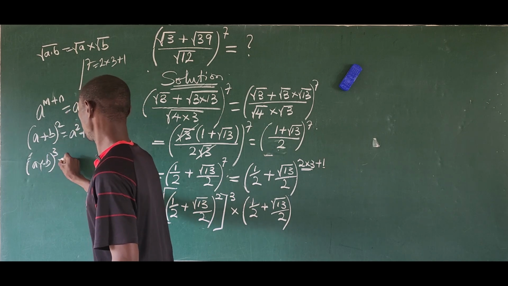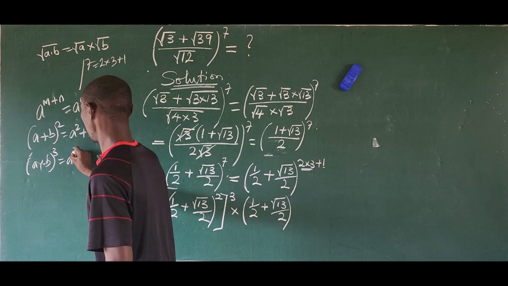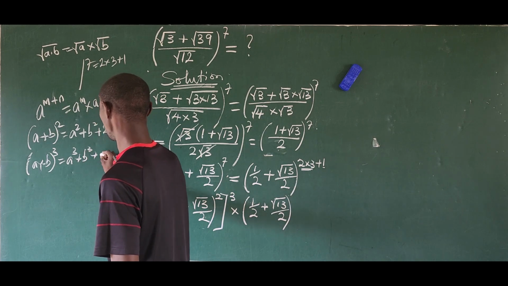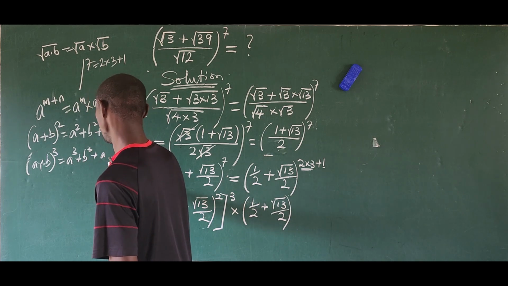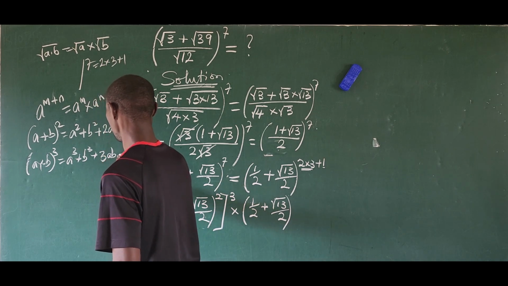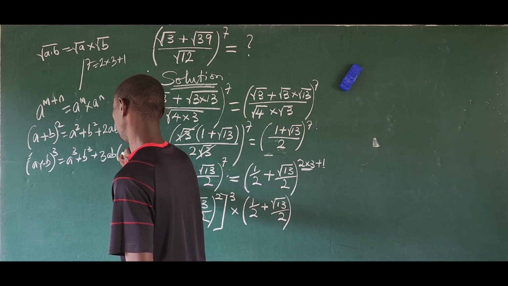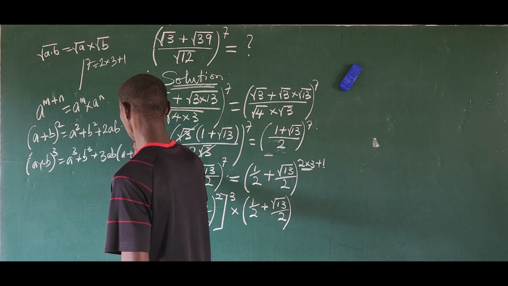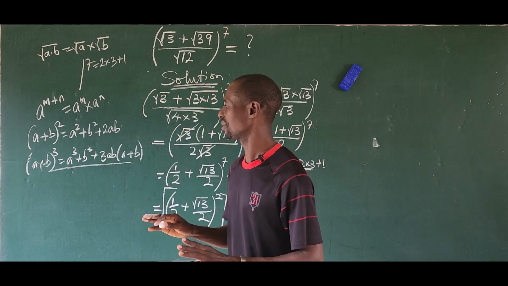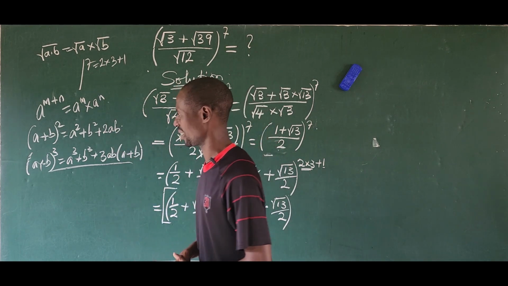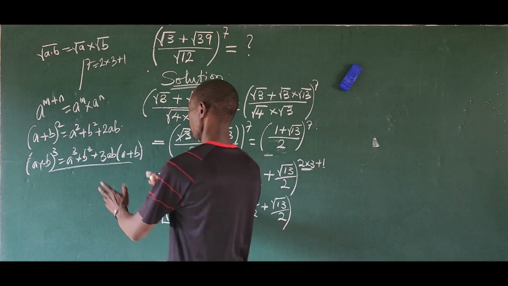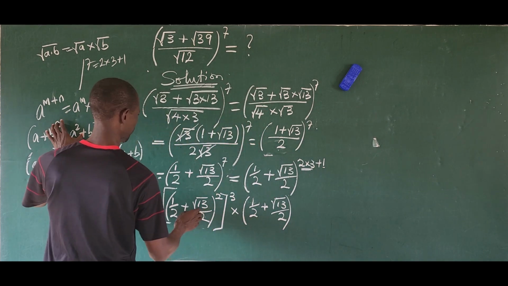This will give you a to the power of 3 plus b to the power of 3 plus 3ab into a plus b. Okay, so we are going to make use of these two algebraic identities. All right, so from here now, let's take this first one.